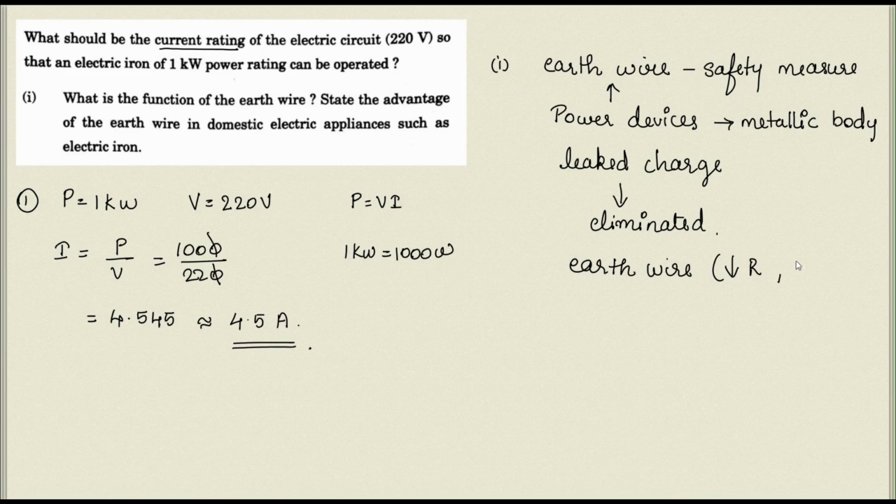Why? Because its area of cross section or its thickness is very high. So due to less resistive path, these extra charges developed will be ejected or removed to the earth through earth wire, so that leaked charges will not affect the device or it will not give us any electric shock. So basically it is a safety measure. Earth wire is a safety measure.